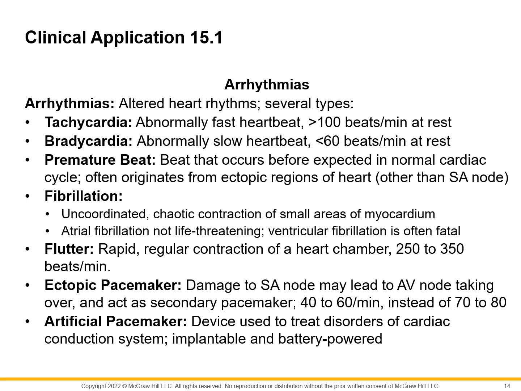So it is also a sort of arrhythmia, and we have also ectopic pacemakers, which occur due to damage to the SA node. So the AV node will try to take over, and this will affect the number of beats per minute. Instead of being 70 to 80 or 60 to 90, it will be between 40 and 60.